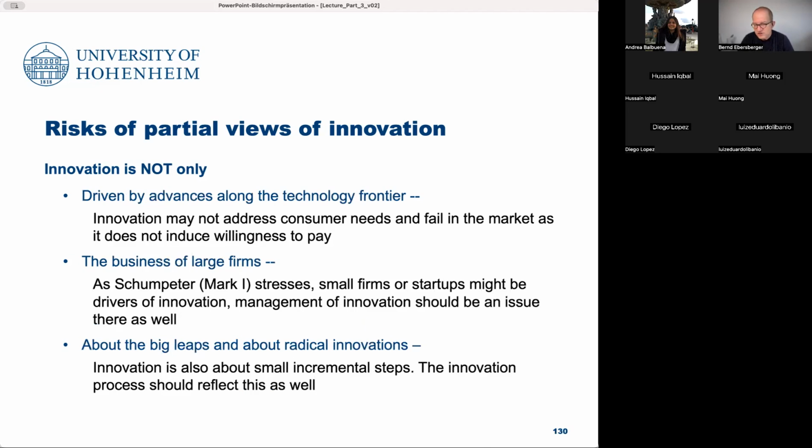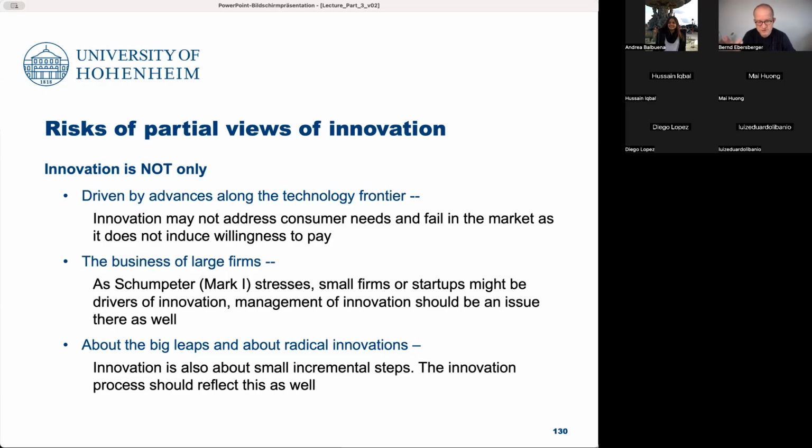Innovation is not only driven along the technological frontier. So innovation is also something that happens not only at the top technology frontier, but also below it when companies catch up, etc. Innovation is not only the business of large firms.